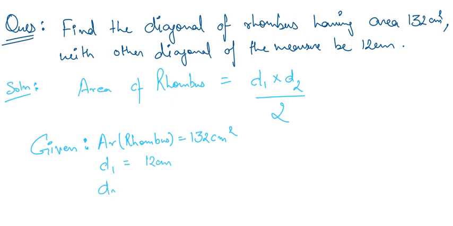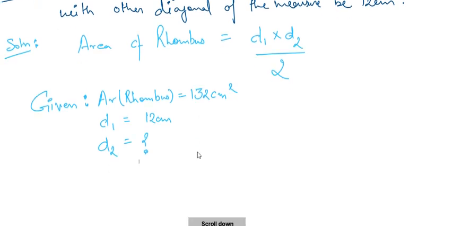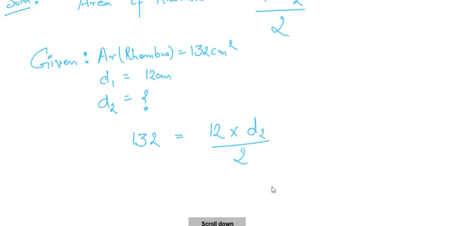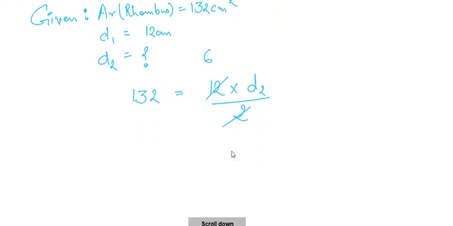I have to determine D2. Okay, determine D2. So let's plug in all the values in our formula. Let D2 be D2 itself. Let me cancel 12 with 2. I would be having 6. I would have 132 equals 6 times D1.